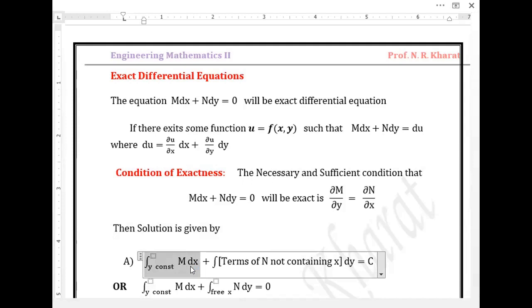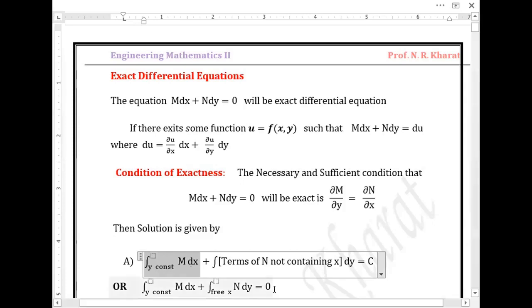And in the second integration, we have to eliminate the terms containing x from N, and the remaining terms we integrate with respect to y.